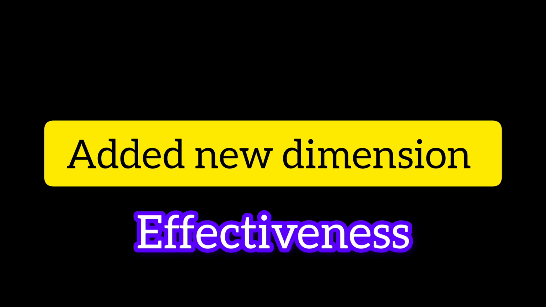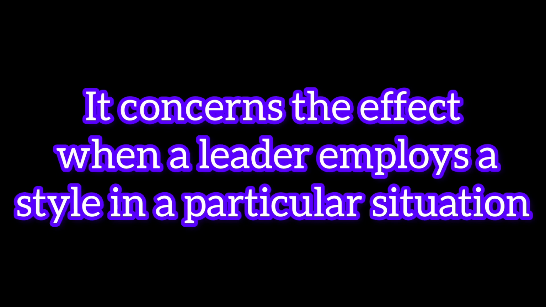So now going to the meaning of effectiveness and why we are adding this into this tri-dimensional model. Effectiveness refers to what the result was when one used a particular leadership style in a particular situation.